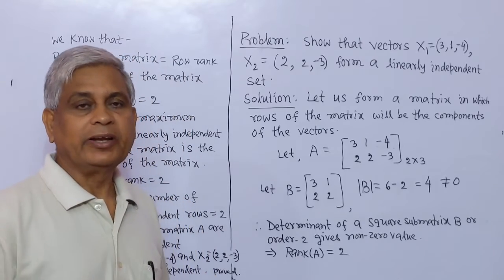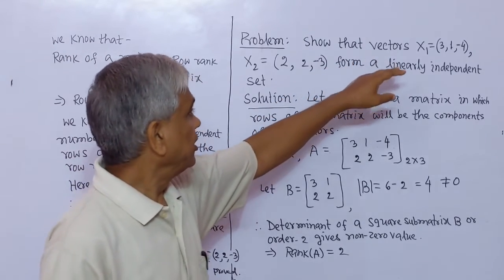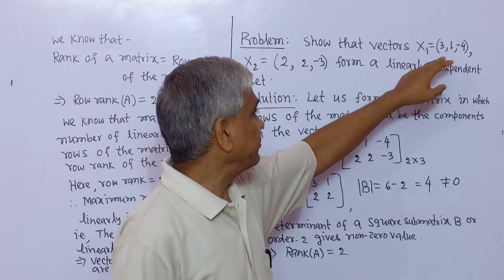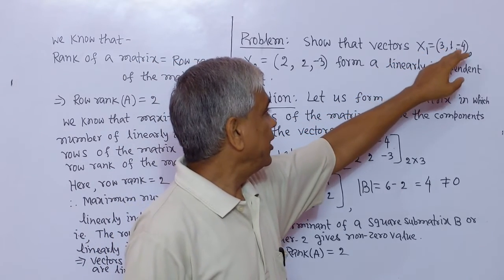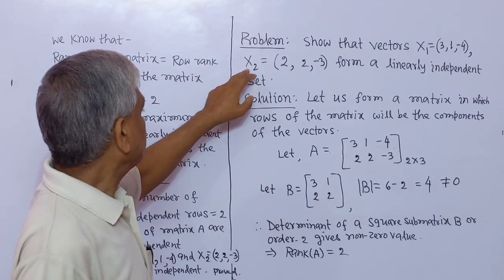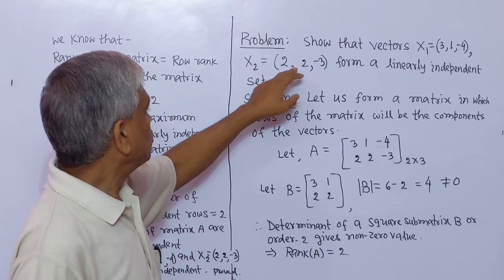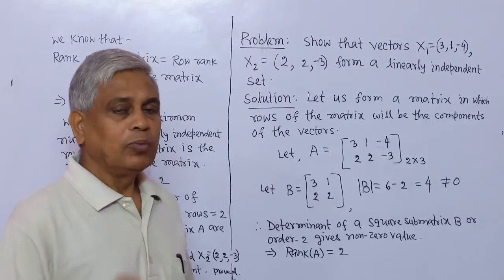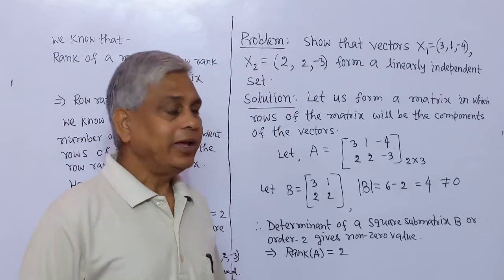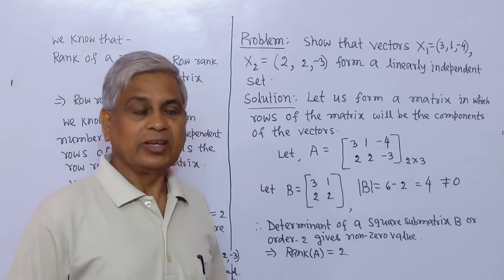Now we solve the next problem. The next problem is: show that vectors capital X1, the ordered triplet (3, 1, -4), and the other vector capital X2, the ordered triplet (2, 2, -3), form a linearly independent set. Now we solve this.